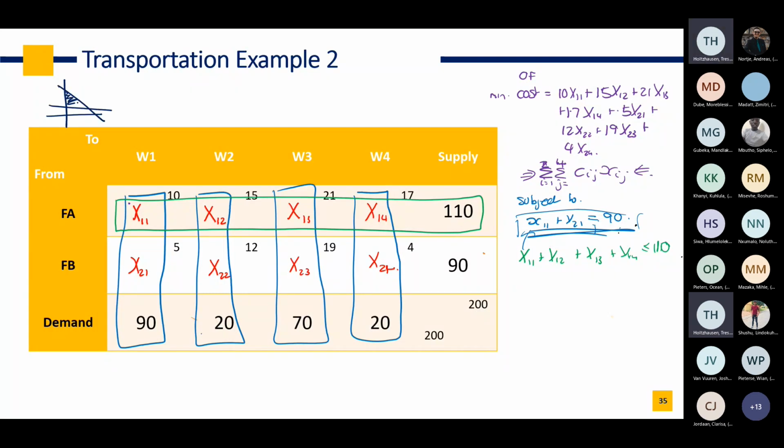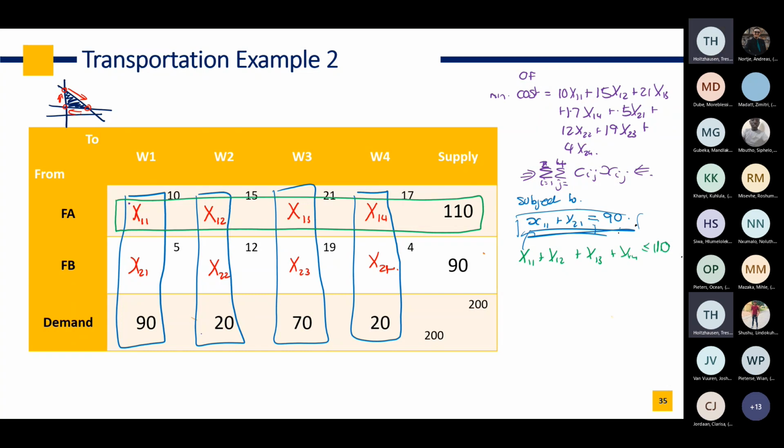If that's our feasible region, the northwest corner method is going to find a way to get any of these, not necessarily the optimal. It's just going to find a corner point, which is technically an extreme point. Then the MODI method will investigate or move around to the different corner points, and we can test to see if it's optimal or not based on those differences.